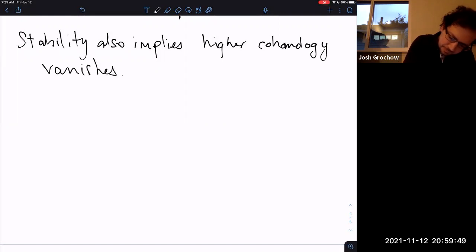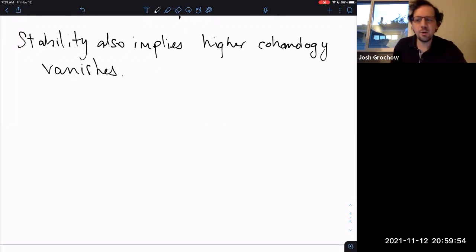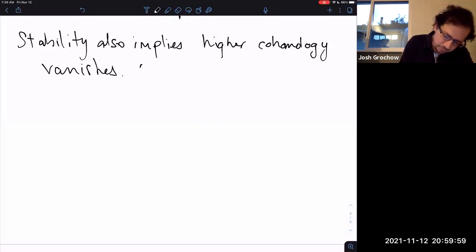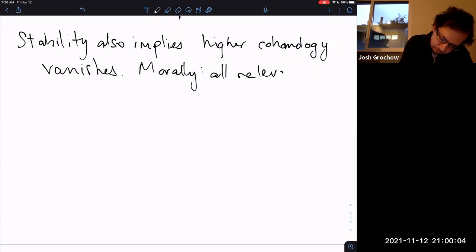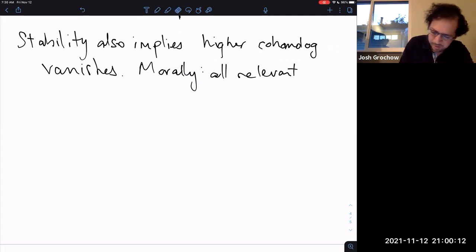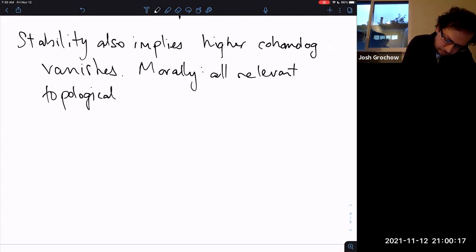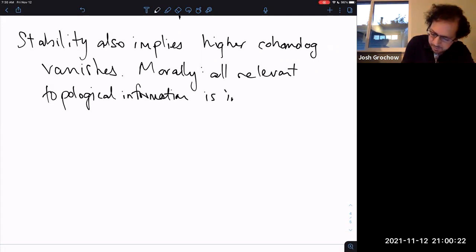Not exactly, but morally, what this tells us is that all the information you want, all relevant topological information, is in the coordinate ring.